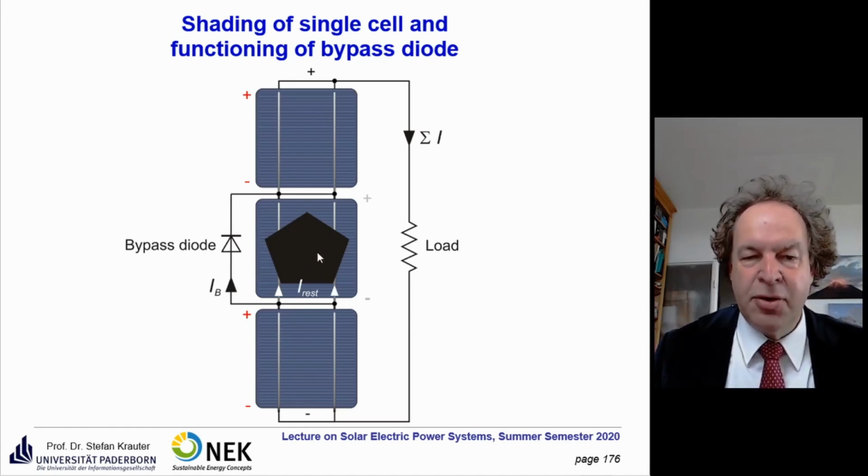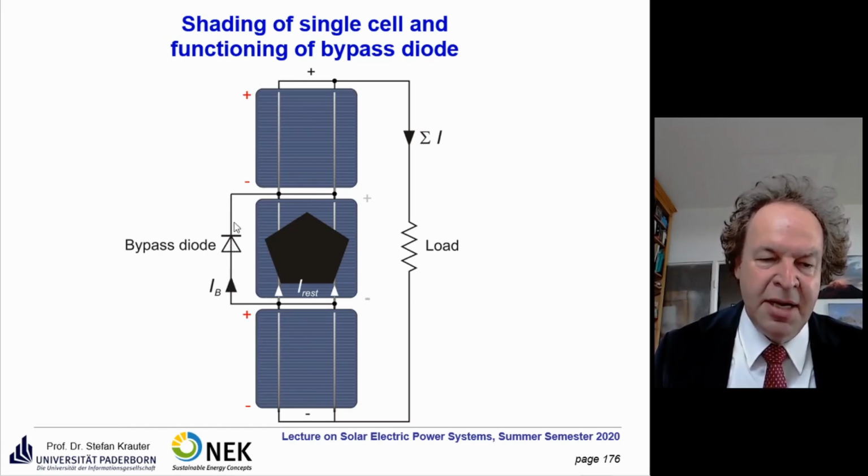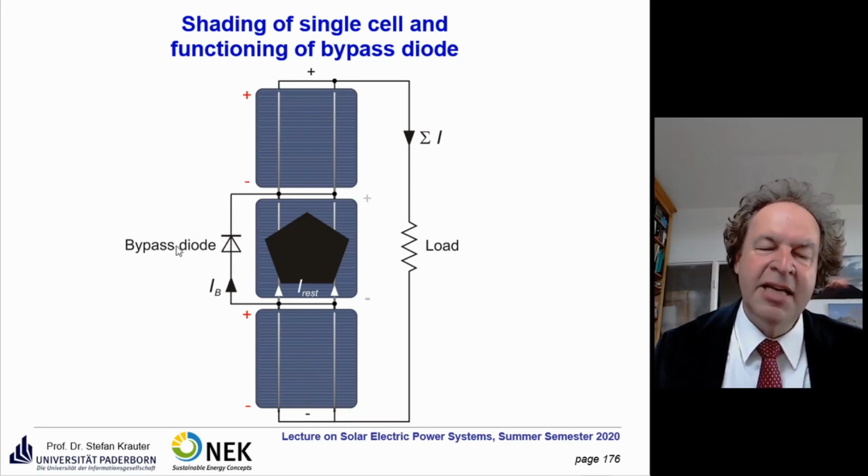And what happens if you have normal conditions, take off that leaf here, then you have plus, minus, plus, minus, plus, minus. We have plus here, minus here, and nothing happens to the bypass diode. If it's a good bypass diode, it's in blocking conditions and doesn't let any current pass.